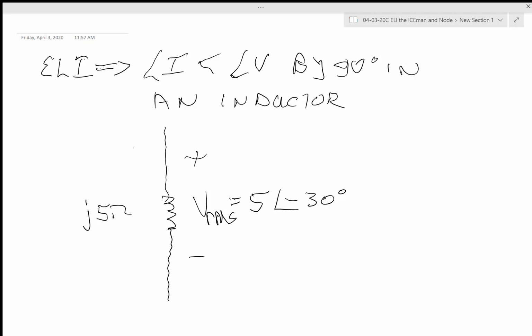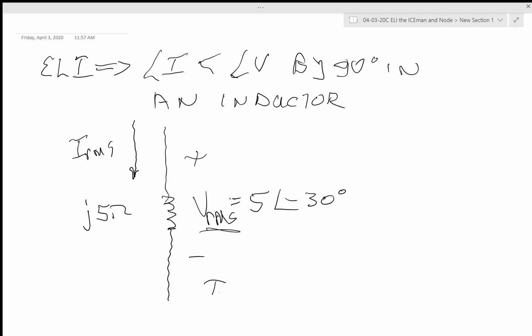And as with all passive elements, the current, which is going to be an RMS value once I solve it because the voltage is an RMS value. So let's look at this.